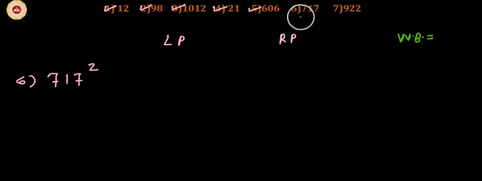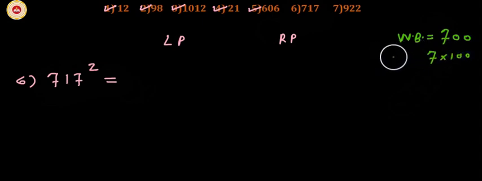Sixth example, 717 squared. What is the nearest working base for the given number 717? It is 700. 700 is 7 multiple of 100. It means that the real base is 100. Correct? So what is the ratio of working base to real base?